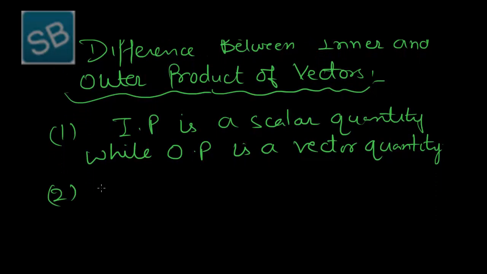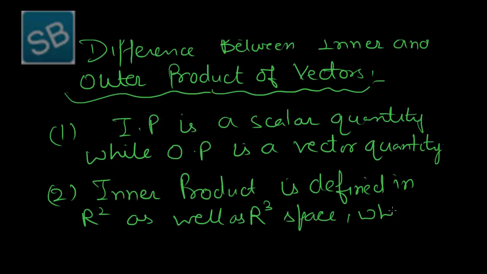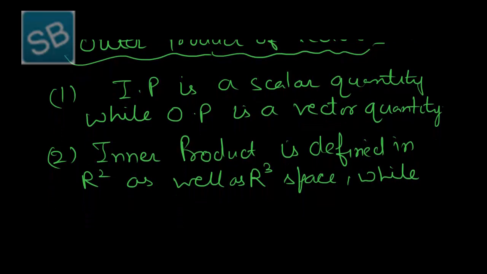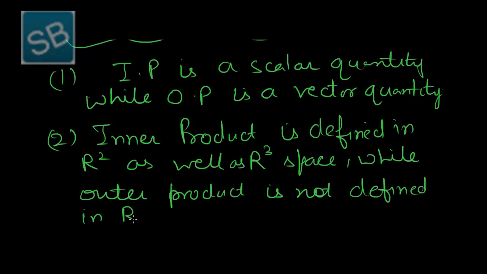Number 2, inner product is defined in R square as well as R cube space, while outer product is not defined in R square.